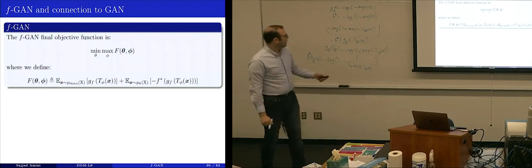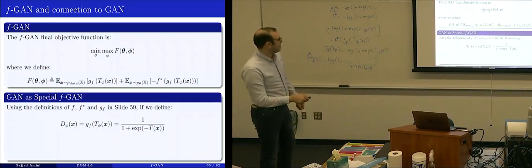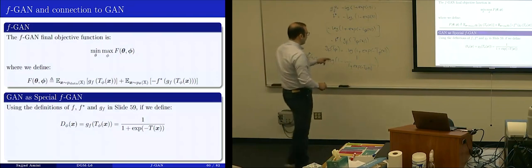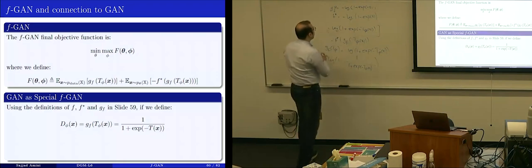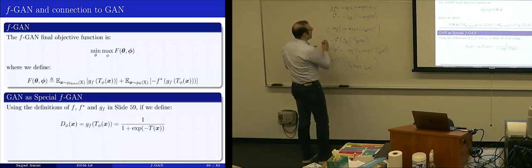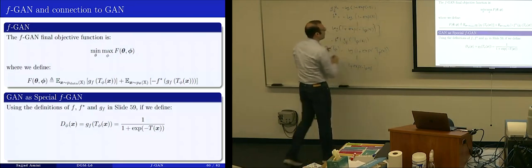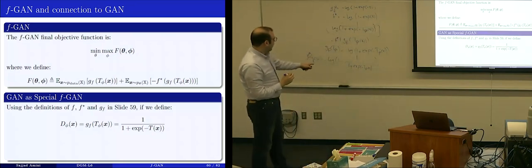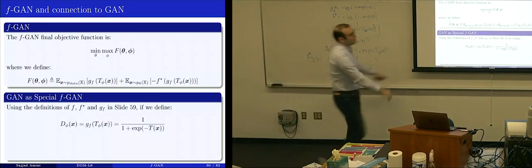So if you now replace this definition, where we consider D phi of x as this term, you can see that if you apply this minus inside the logarithm, you have this term, and also the second term, where you have a minus behind f star.